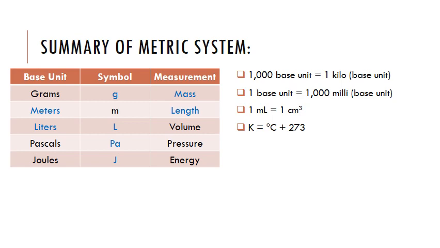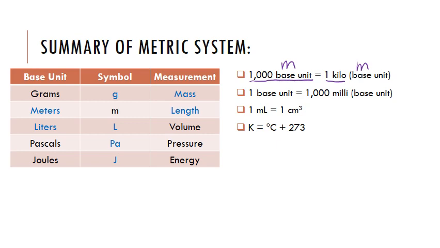So down below the table, you have some more information. It says, for our first one, that 1,000 of any of our base unit equal 1 kilo of that base unit. So instead of saying base unit, we're going to put in one of these words. So if I say 1,000 meters equals 1 kilometer, we can tell how they compare to each other.